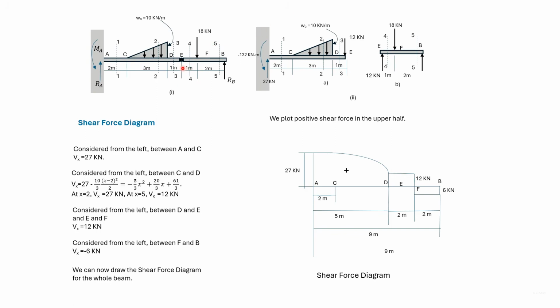The fact that there's a hinge at E means that there cannot be any bending moment at E, since E cannot sustain any moment. Thus, if we approach E either from the left or from the right, the bending moment at E has to be 0.